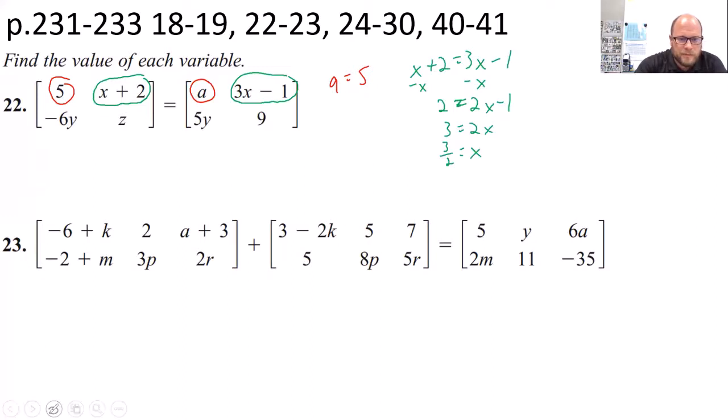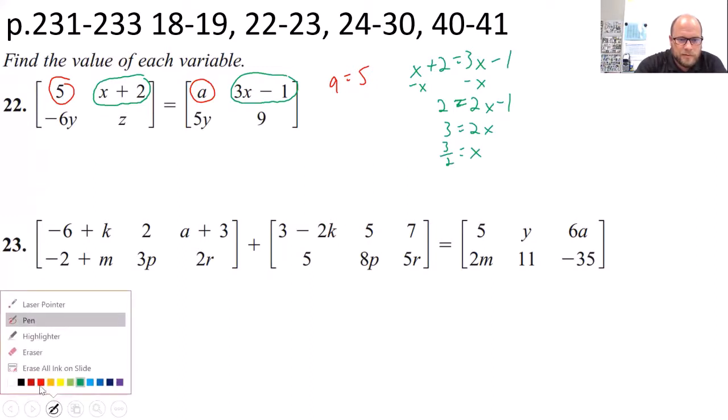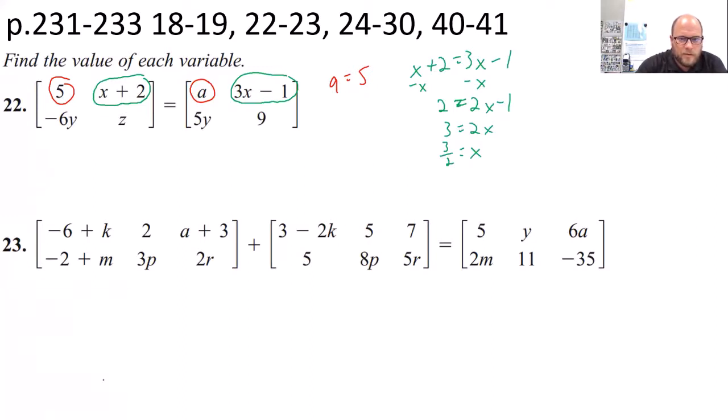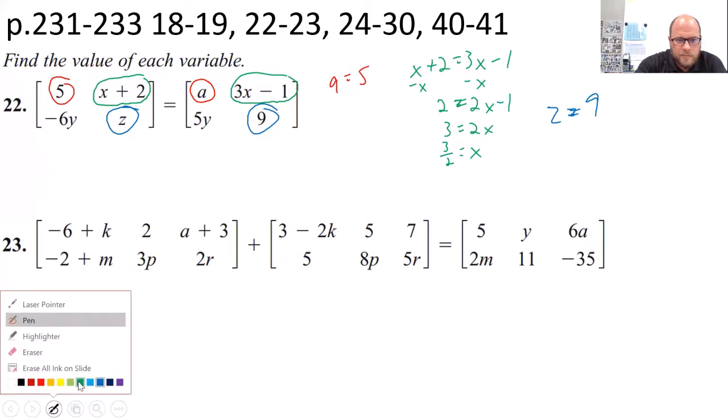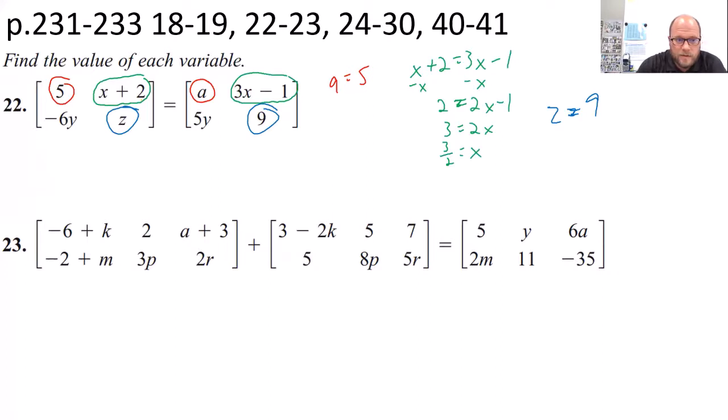For the next one, well, the z is easy. It's just 9. The y, we have those two, this one and this one.